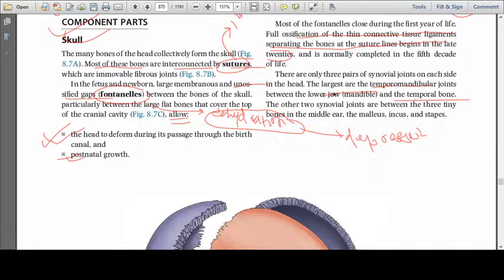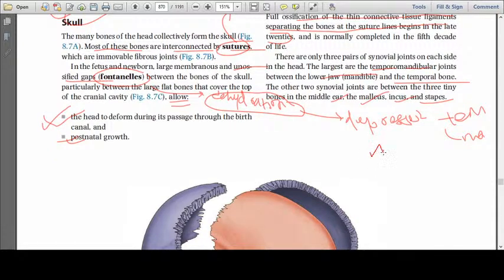The other two synovial joints are between the three tiny bones in the middle ear: the malleus, incus, and stapes.